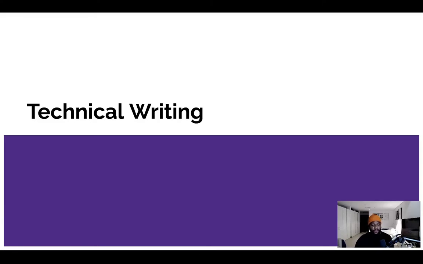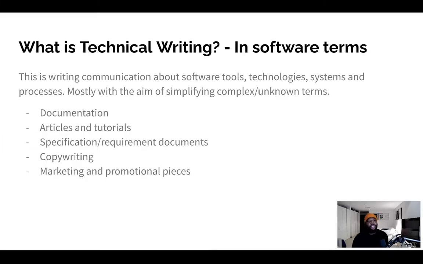We'll move right over to technical writing, which is why a lot of you are here. You'd want to know how to get started with technical writing. So what is technical writing in software terms? This is simply writing communication about software tools, technologies, systems, and processes, right? And mostly the aim of this is to demystify complex or unknown terms.